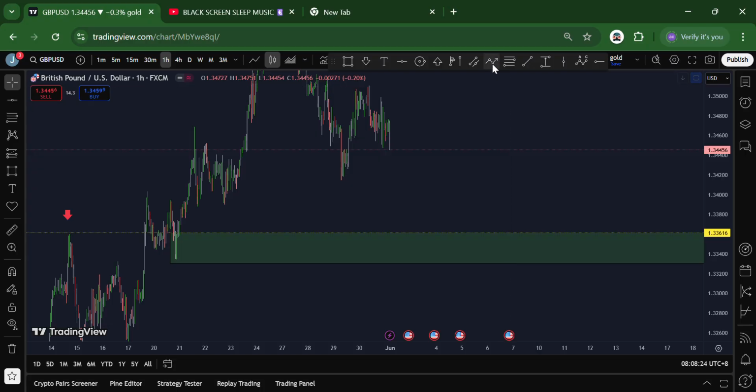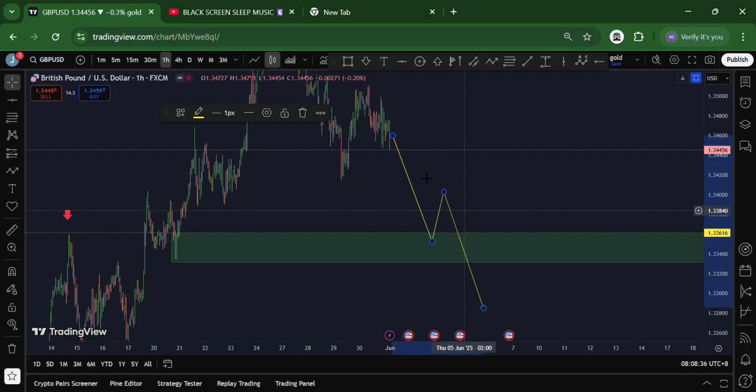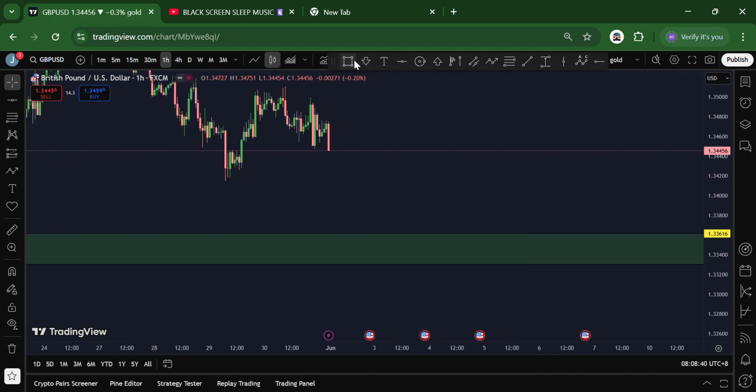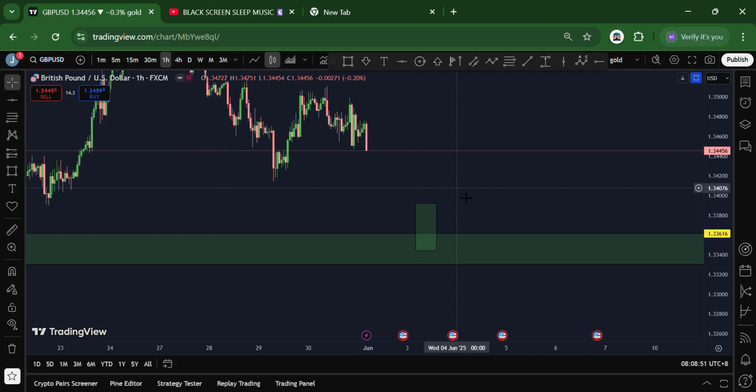If price drops into it in the future, it doesn't mean the price will do a nice rejection and a strong bounce up. Sometimes the price does a little rejection, then continues to drop. So some traders wait for the closing price to show a pattern like a bullish engulfing.